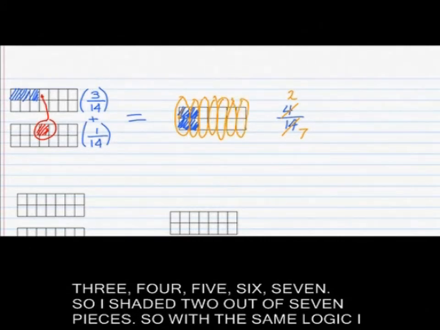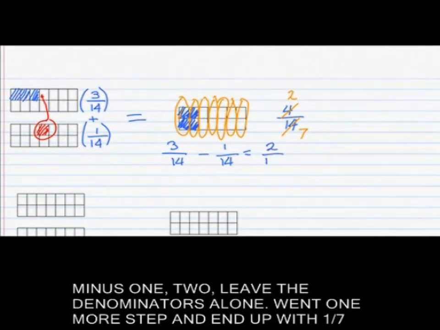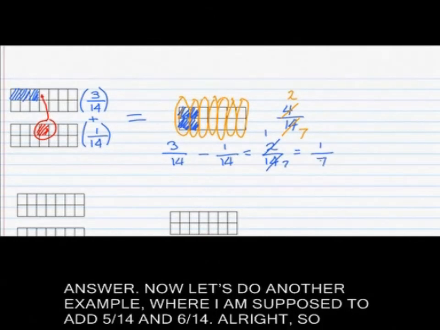So I shaded 2 out of 7 pieces. So with the same logic, I had 3 out of 14 minus 1 out of 14. Just subtract the numerators. 3 minus 1 is 2. Leave the denominators alone. Went one more step and ended up with a 1/7 answer.